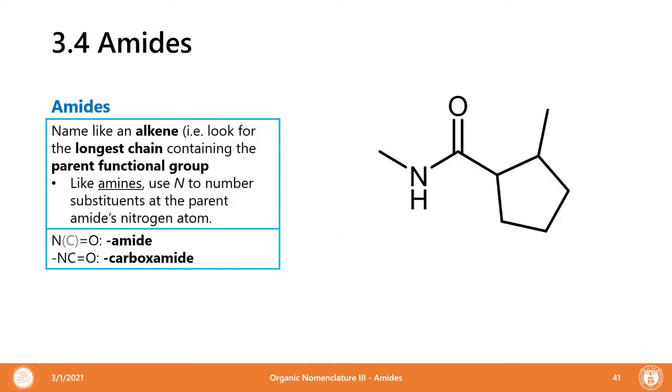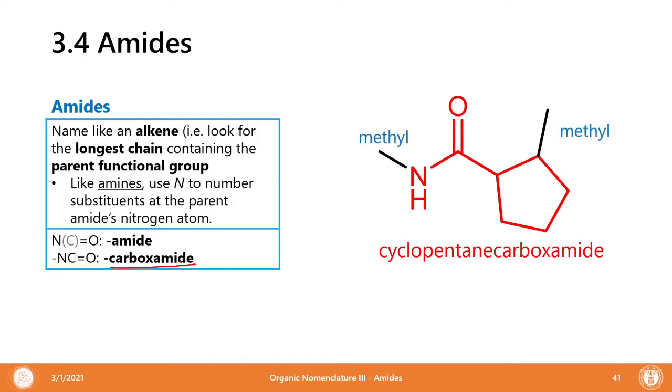Here we have the same situation for amides as with aldehydes, in which we have a cyclic parent chain, and since amide is a terminal functional group, we have to use the suffix carboxamide. Okay, carboxamide. So here we have a carboxamide attached to the parent chain cyclopentane. So we have cyclopentane carboxamide having a methyl group in the ring and in the end position.